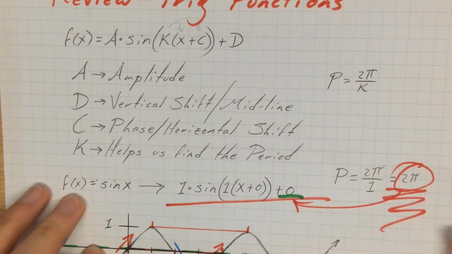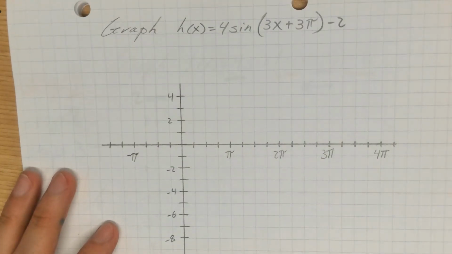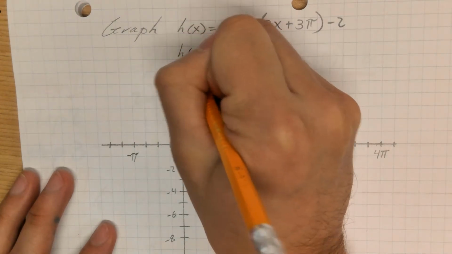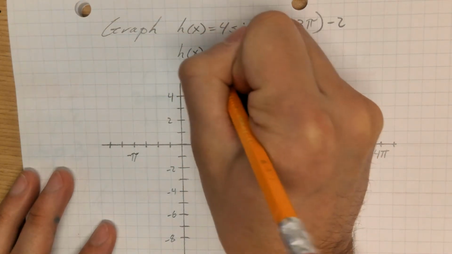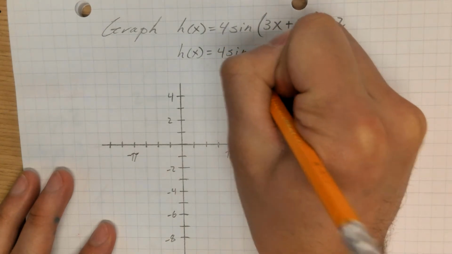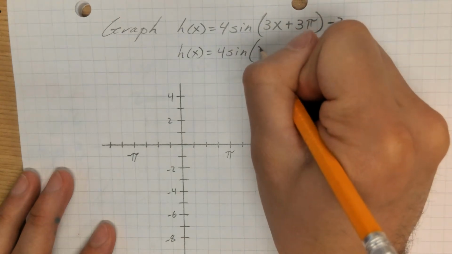It should be just x. In this problem we have that 3 next to x, so our goal is to rewrite this function so that the 3 is not next to x, and to get rid of that 3 I'm just going to factor 3 out of it.